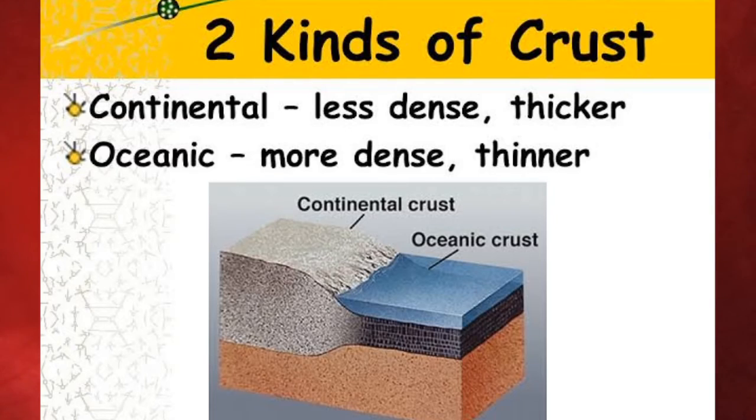You will notice from the figure that there are two kinds of crust: the thicker but less dense continental crust, and the oceanic crust, which is relatively thinner but denser than continental crust. The crust is thickest in a part where a relatively young mountain is present and thinnest along the ocean floor.